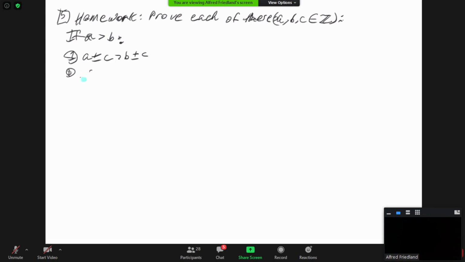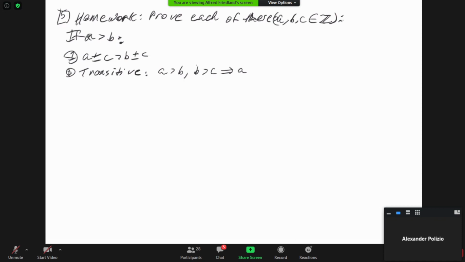Let's do the transitive property first. If A is bigger than B and B is bigger than C, then prove that implies that A is bigger than C. Professor, that's 2. The first, yeah, the first thing 2. Okay, thank you.